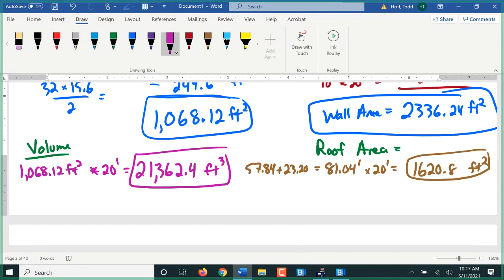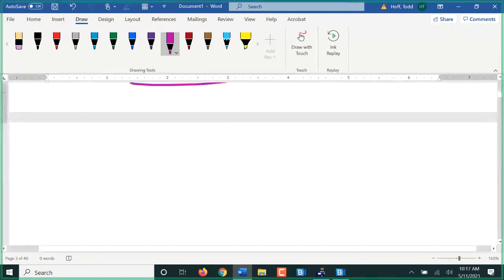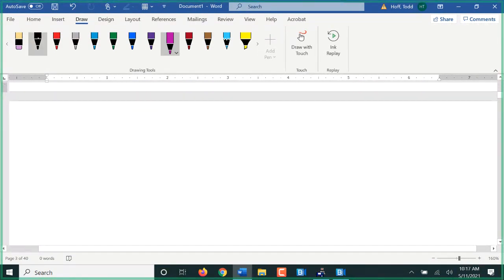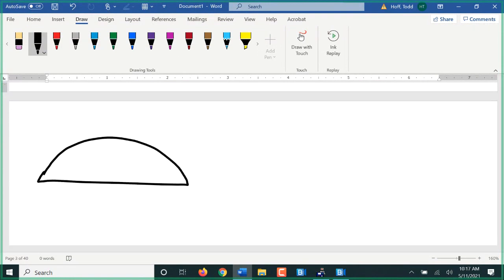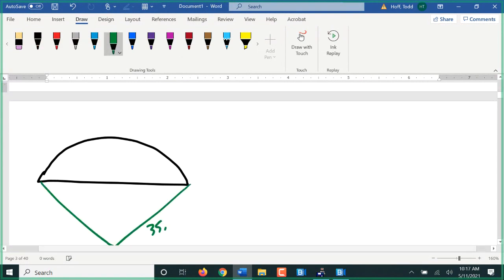Now we need to go back to just the regular portion of this, the regular roof, without the lean-to. This piece here, we already know that the radius of our circle is 35.6 feet. If this piece is 20, this piece here is the 15.6. This piece is 32.